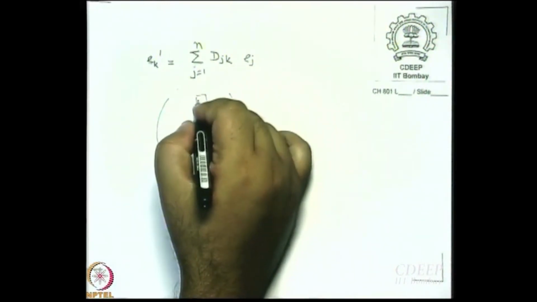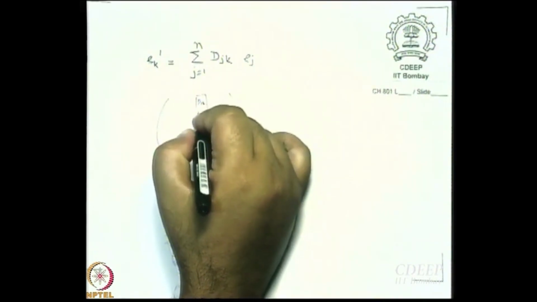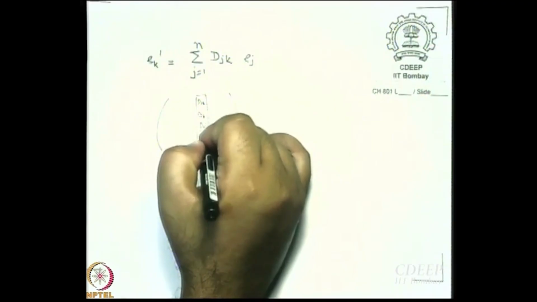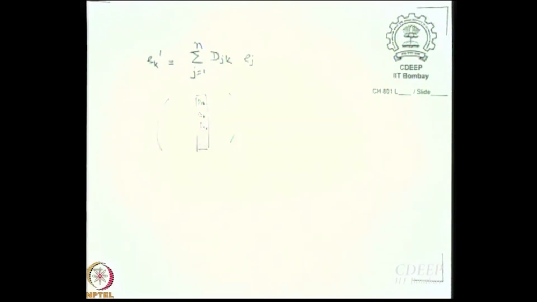This is D1k, this is D2k, then D3k, so on and so forth, last you have Dnk. And what am I multiplying it with?